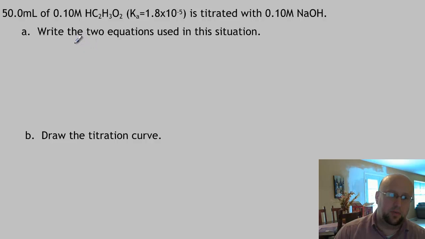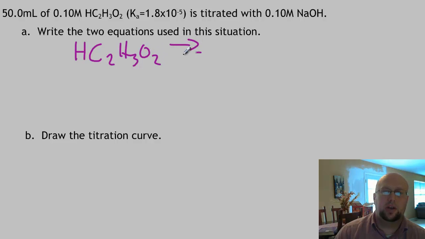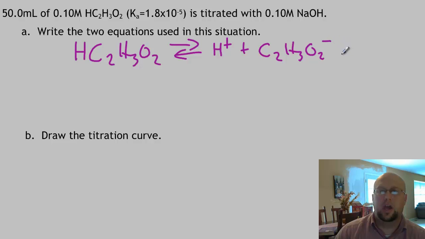Well, the obvious one is just the dissociation of the acetic acid. This leads us into our standard, everyday ICE table equilibrium problem, where we've got acetic acid dissociating into protons, technically hydronium ions, and the acetate ion.